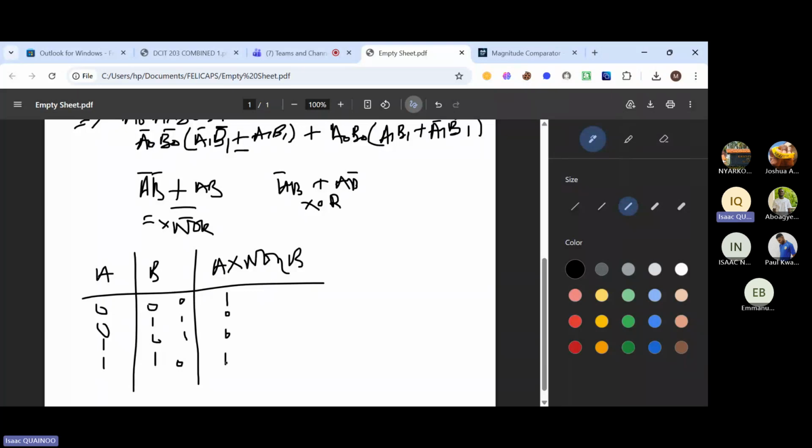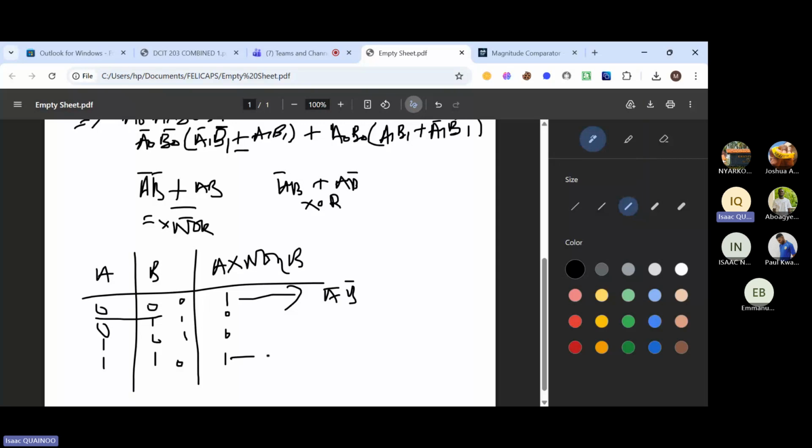Okay. So we take the points where the output was 1 and look at their corresponding inputs. Here we had 1. What is the corresponding input? A was 0, B was 0. Can we express A as 0 and B as 0 in terms of A and B? A bar, B bar. So we have A bar, B bar.